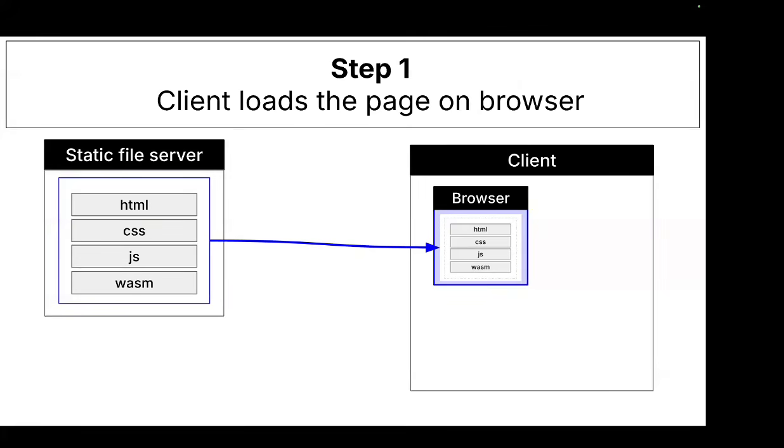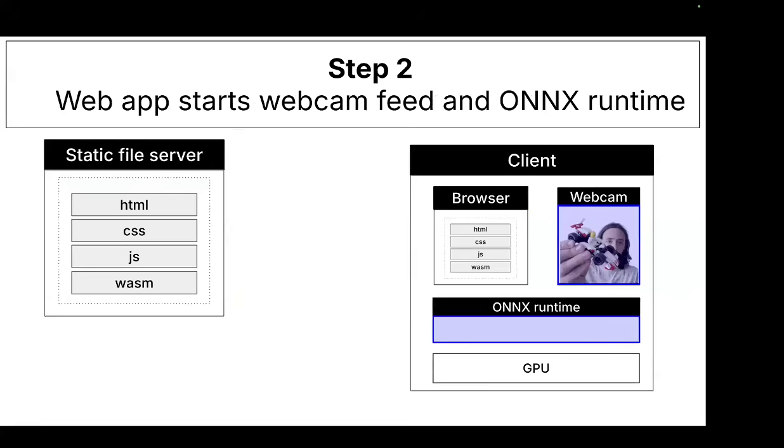So this is specific to this case, but web apps are HTML, CSS, JS. This is the first step. As a user, I just went to a website, typed the URL, pressed enter, and it downloads. The only requirement on my end is to have a browser, for example Chrome. First step, the client, me, loads the page in the browser.